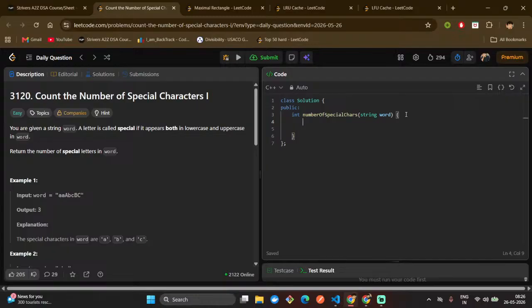So what we have to do? Just make upper array of 26 zeros and lower array of 26 zeros.